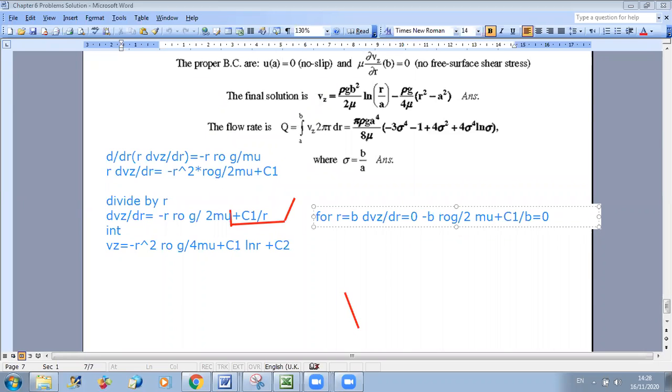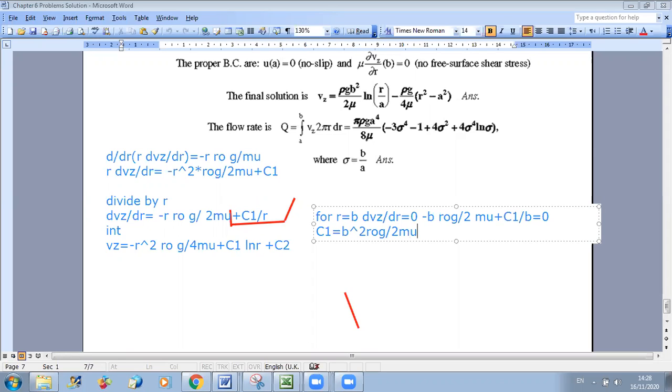Okay, so we did use that, so c1 is equal to minus b square times rho g over 2... plus, sorry, because we take it to the other side. So plus b square times rho g over 2. Okay, so this is the value of c1.